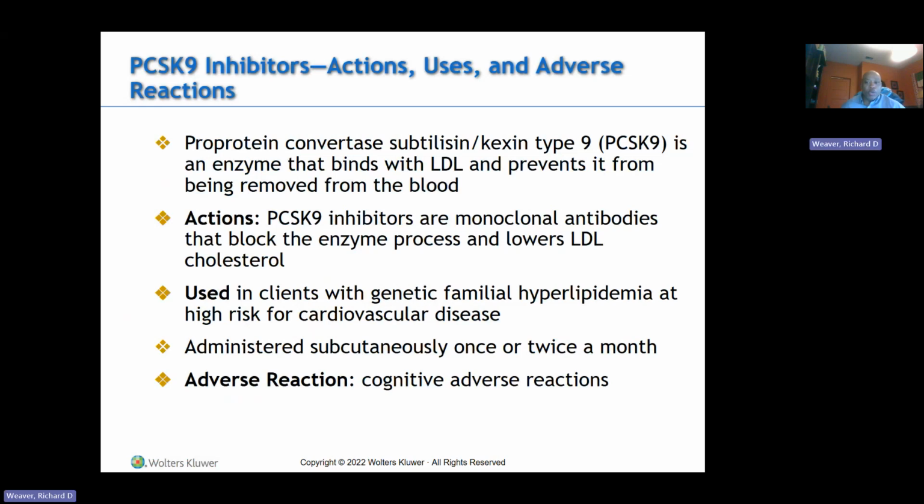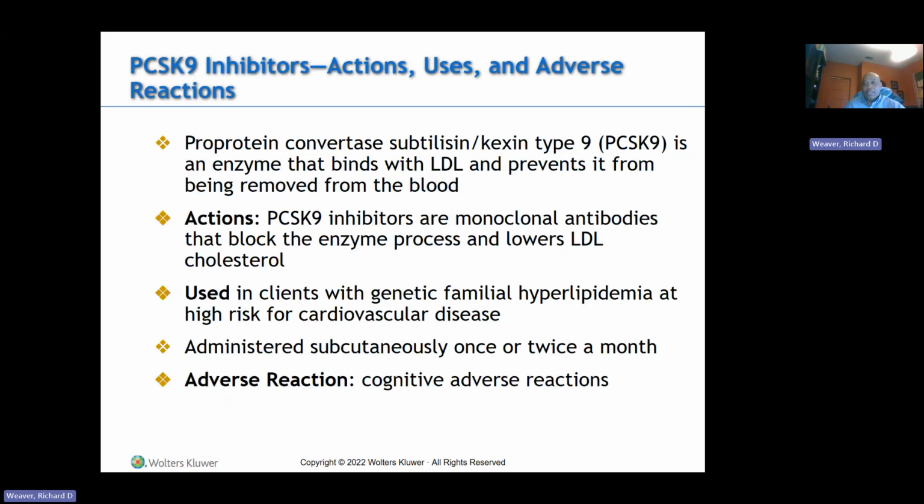So let's talk about what PCSK9 does. Not the inhibitor, but this is an actual enzyme. So this PCSK9, it is an enzyme that binds to those LDL receptors that are located on the liver. So when these enzymes occupy those LDL receptors on the liver, all right, now just follow me.